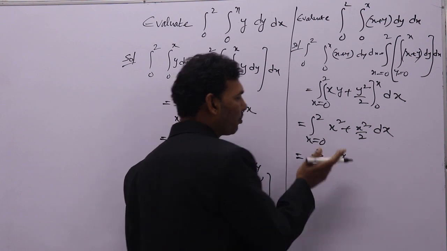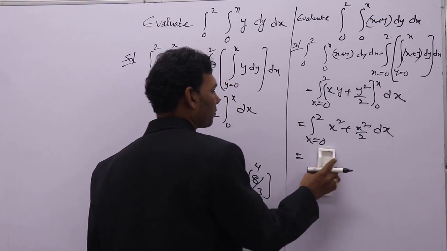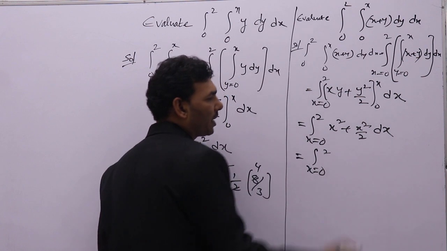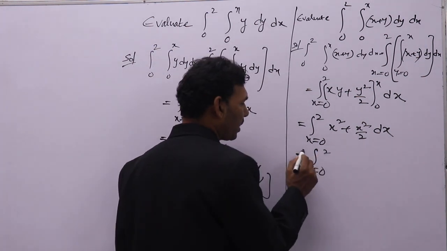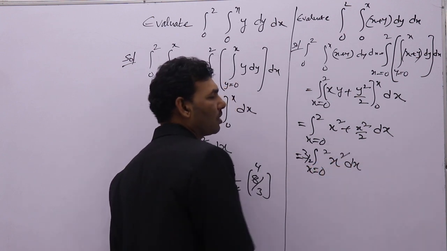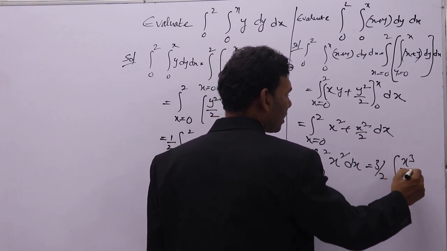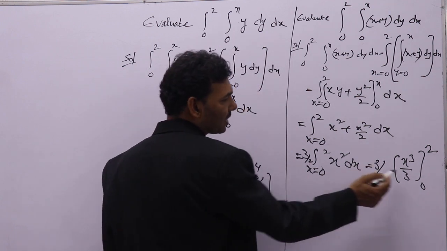Here you can simplify a little bit. X square plus x square by 2 will be 1 by 2 plus 1, that is 3 by 2 x square. I am keeping 3 by 2 constant, x square dx. What is integral x square? Integral x square is x cube by 3, 0 to 2. You can cancel this 3.